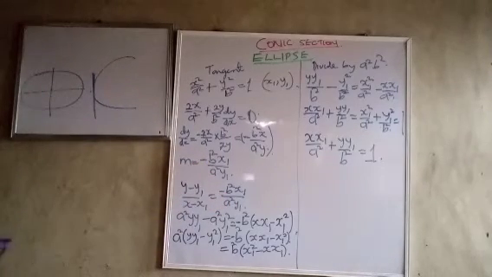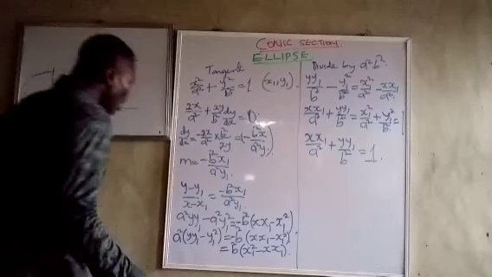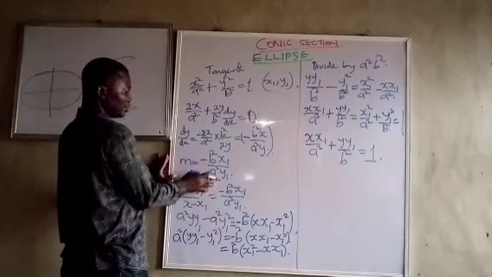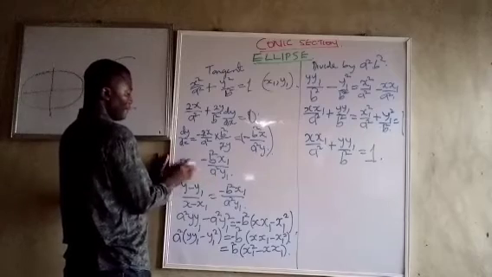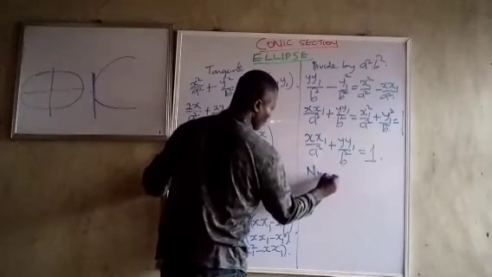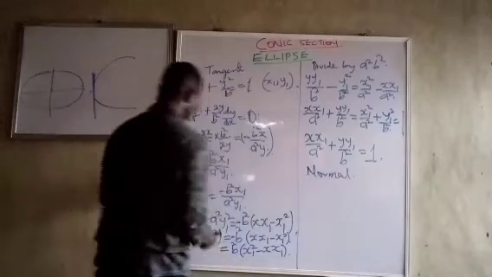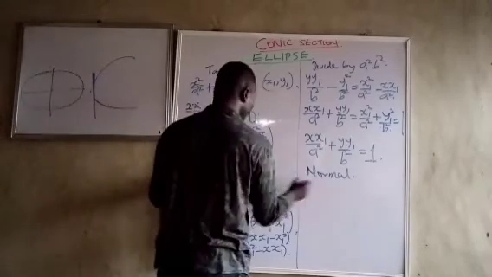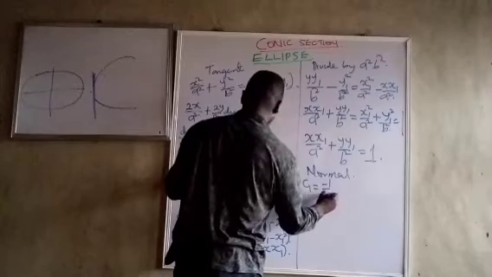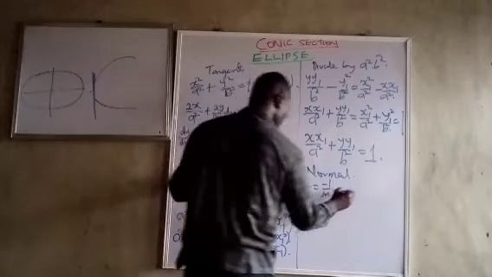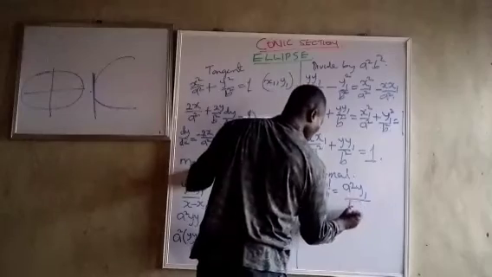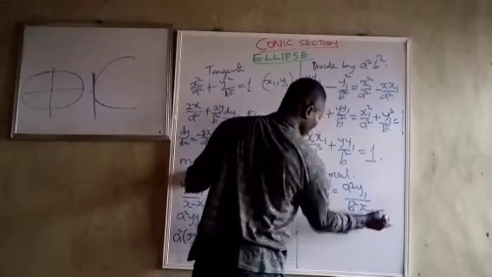Now, if it is the normal, all you need to do is substitute n by minus 1 over n. It's going to give us the gradient of the normal as minus 1 over n, which should be a squared y1 over b squared x1.